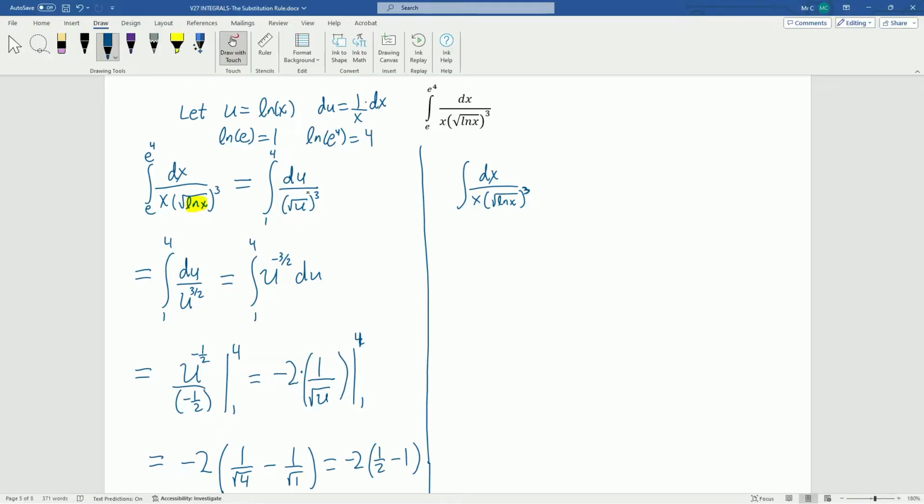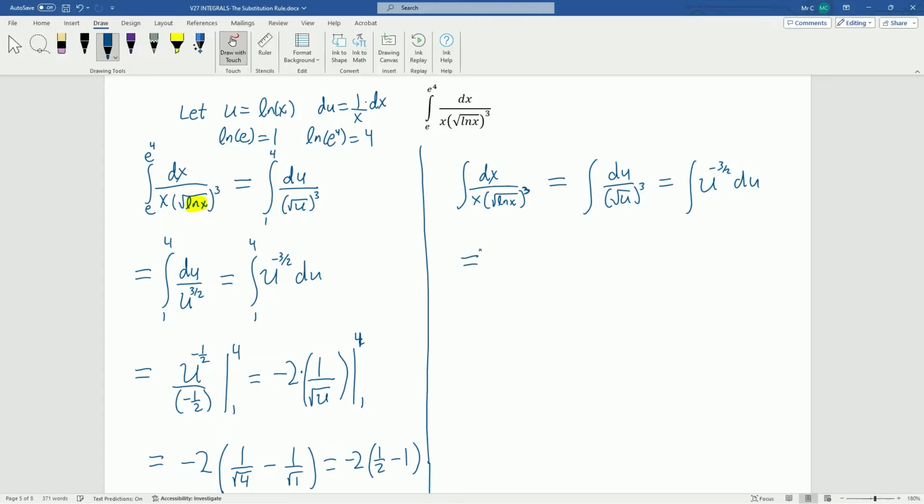I'm going to evaluate my antiderivative and switch all the way back to the variable x before I evaluate the definite integral. So I make the same substitution, so I'm not going to re-explain all that. I get du over the square root of u cubed. And that's going to give me the integral of u to the -3/2 du.